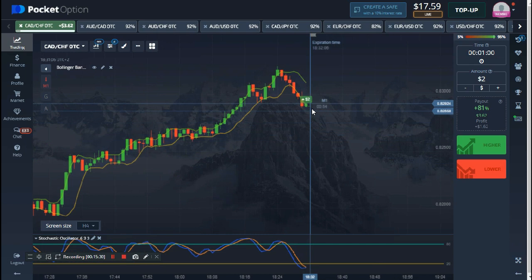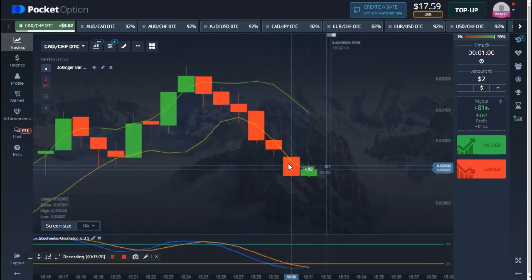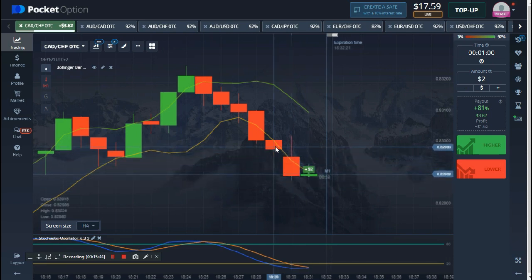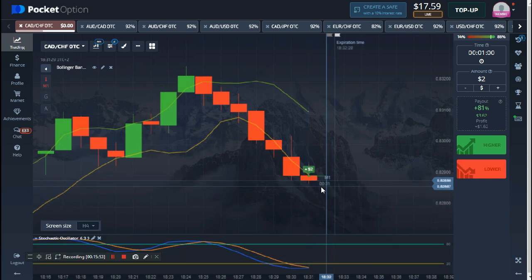I took the trade here above for 1M because the stochastic oscillator is in oversold condition, and the red candle closed away from the Bollinger Band's lower line, and that's why I took the trade above, because it should be a reversal from here. Let's see the result.